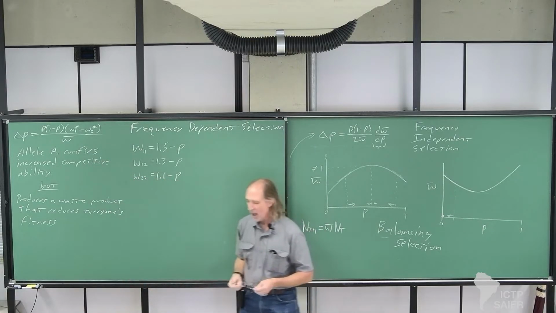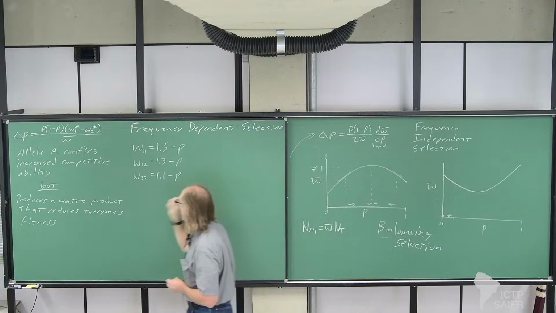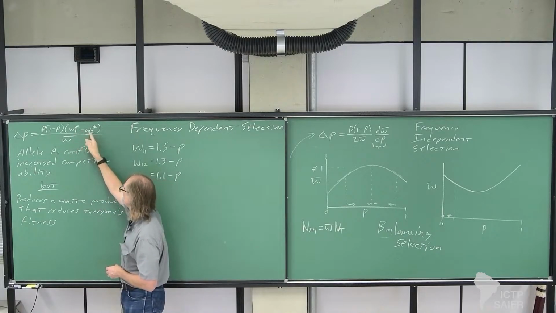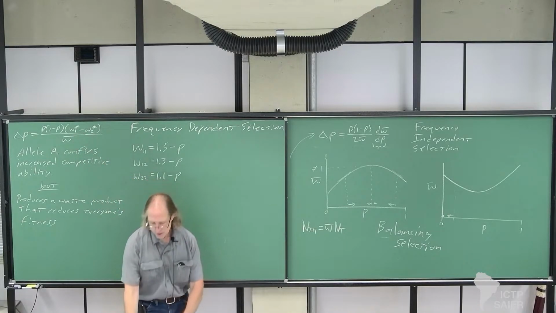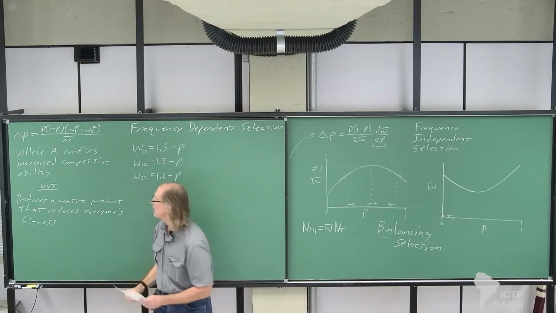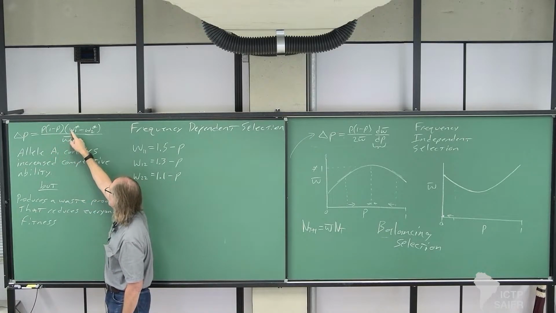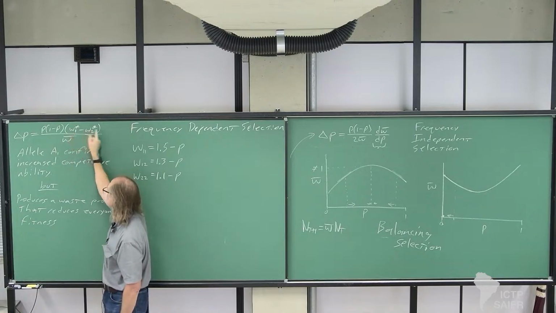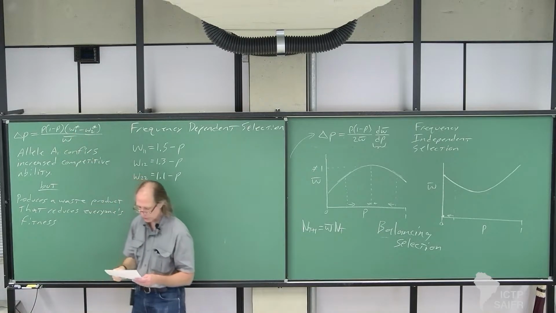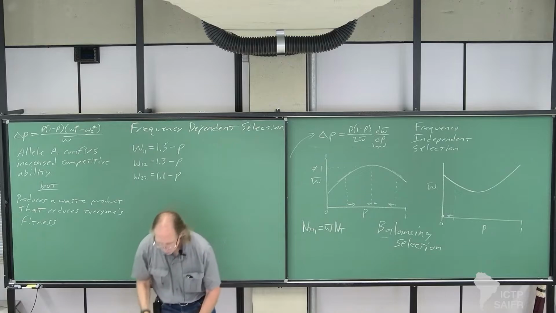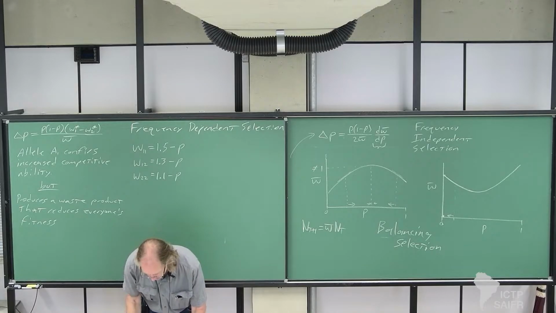Okay? And the key, what matters, is the difference between these marginal fitnesses. So P times 1 minus P is non-negative, W bar is non-negative. So what matters for the direction of evolution is this difference between these two. So what do we come out with for that?